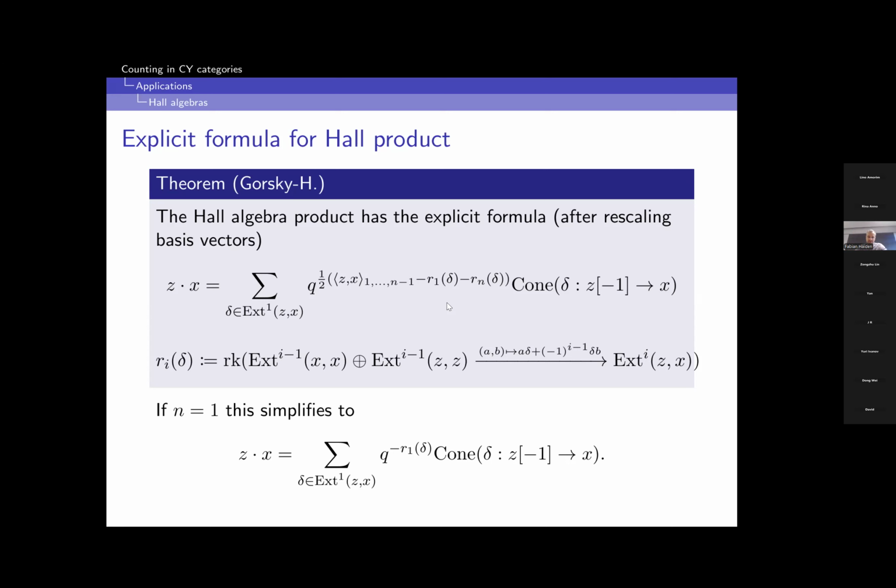But if I try to do it for n equals 3, for 3-dimensional Calabi-Yau, some toric Calabi-Yaus, we do have Hall algebras which I wish to double, but I don't know how to do that.